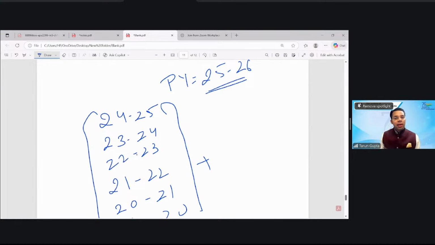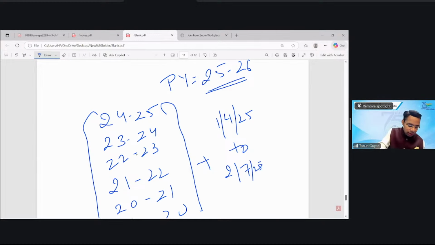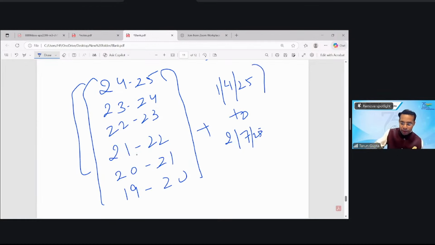Plus, the current year in which the search has happened, but not the complete year. Plus the current year means the period starting from 1st April 25 up to the date of conclusion of search. In our case, 2nd July 25. So these complete 6 years and the partial current year form the block period.